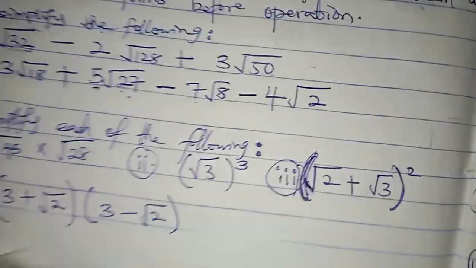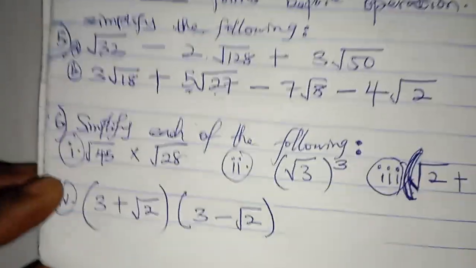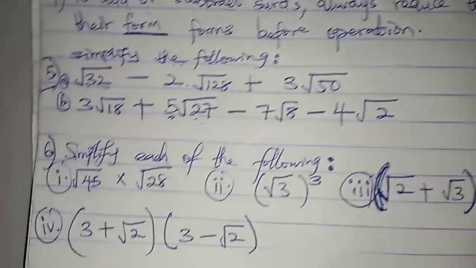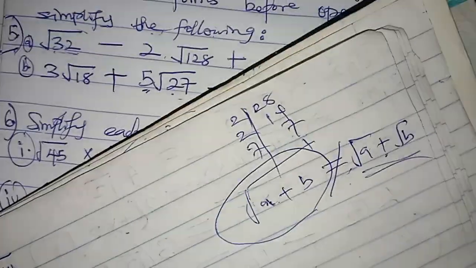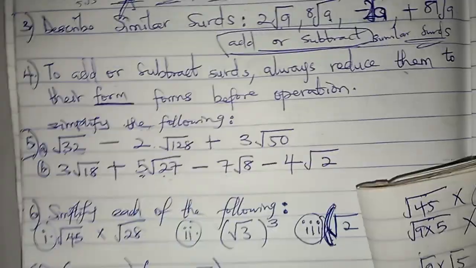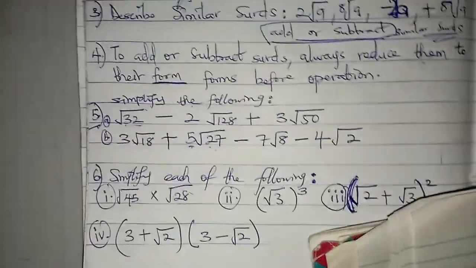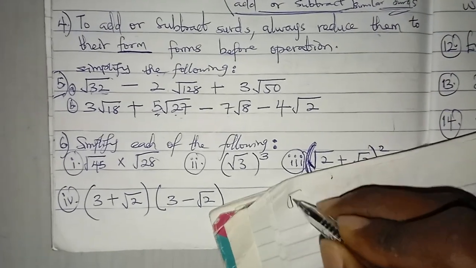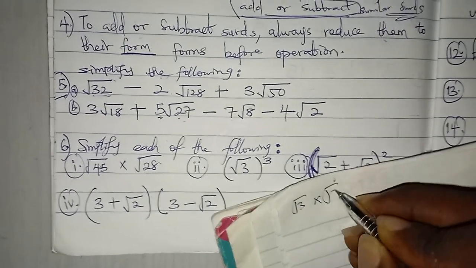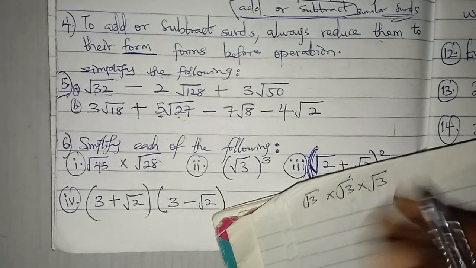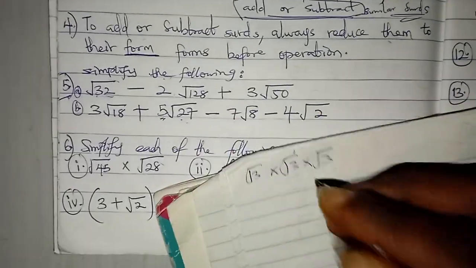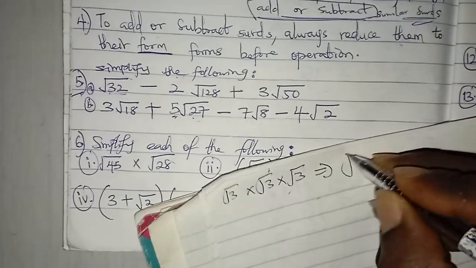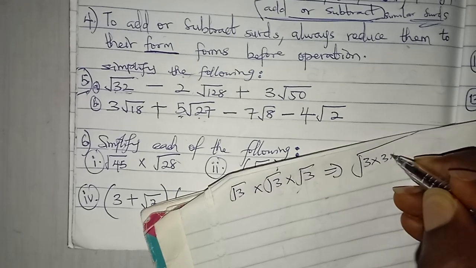So for the next question, we have root 3 raised to power 3. Okay, this is a simple question. Some of these questions I will be leaving out, so you have something to solve. We're going to the ones that are very hard. You solve the simple ones. So notice that this is root 3 times root 3 times root 3. And notice this is saying bring out 3 times 3 times 3.